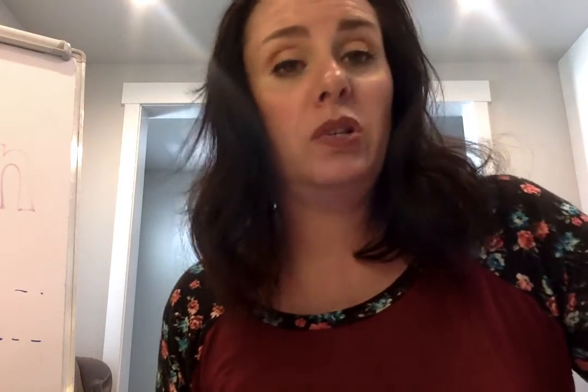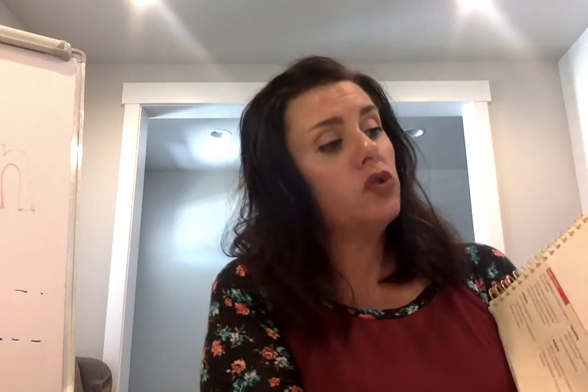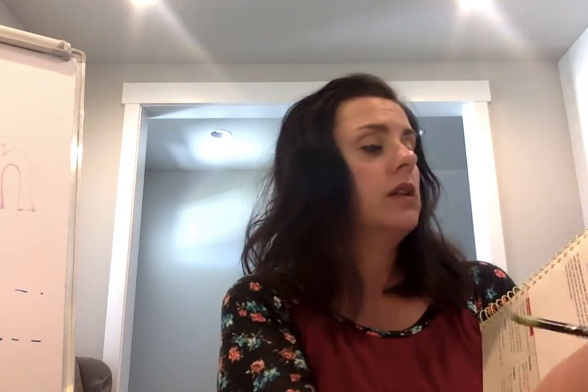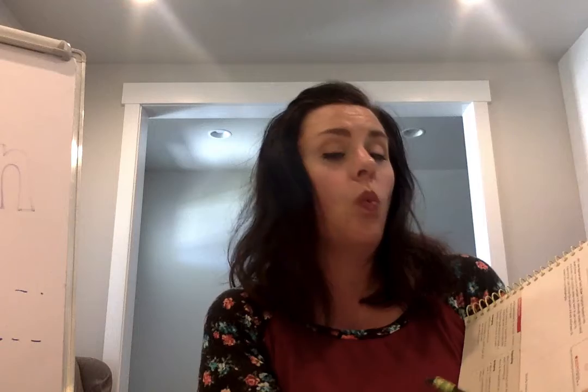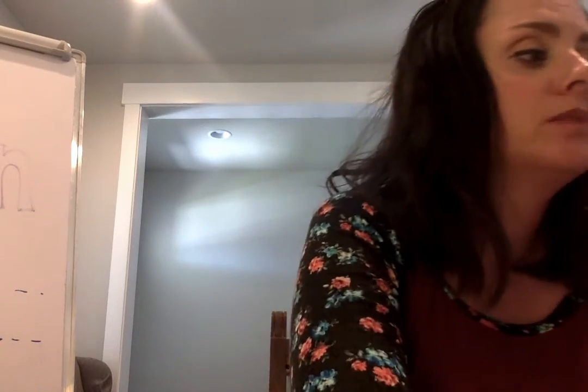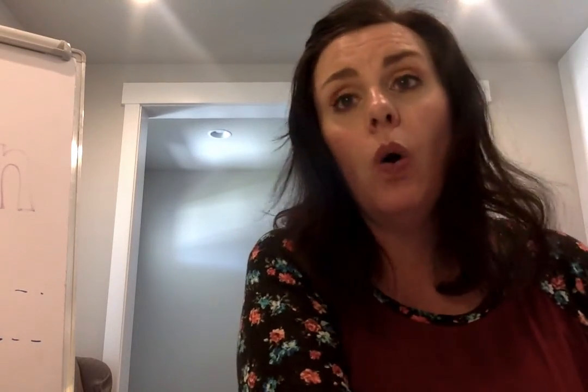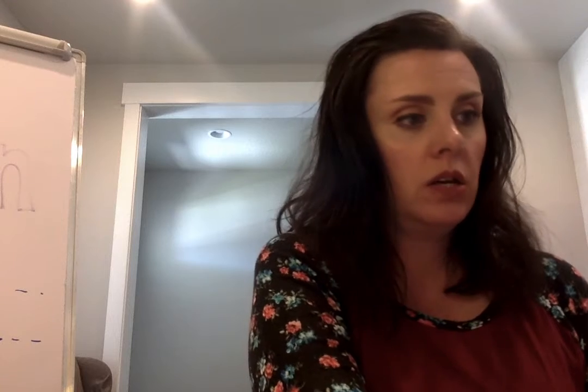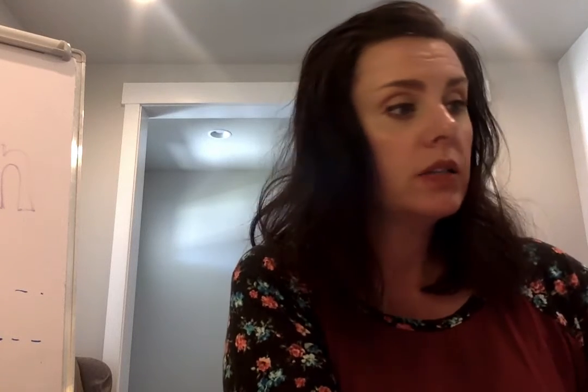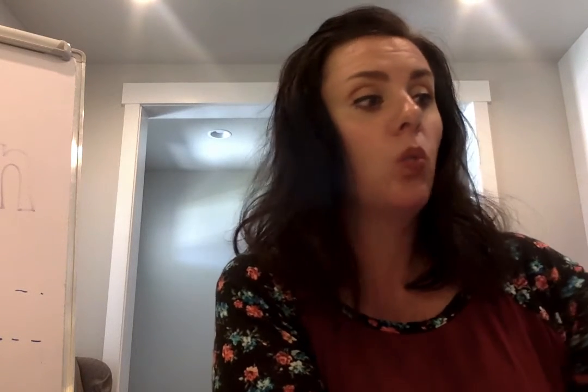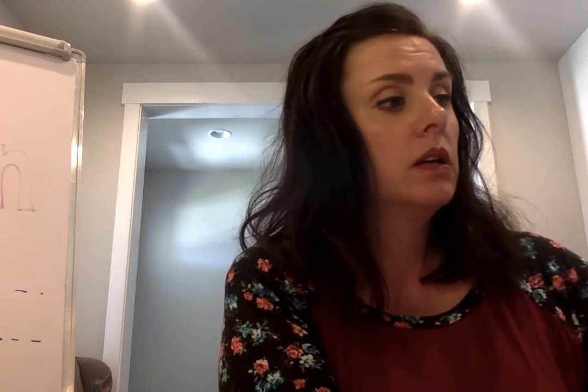Let's look at trapezoid. The definition of a trapezoid, or characteristic of a trapezoid, is that it has one pair of parallel sides. Just one pair. So not all sides are parallel to the opposite side. Just one pair is.